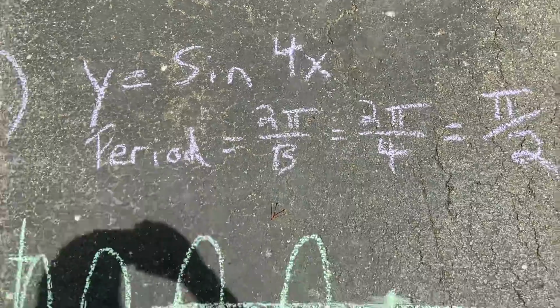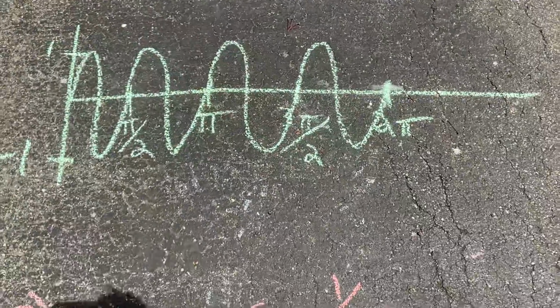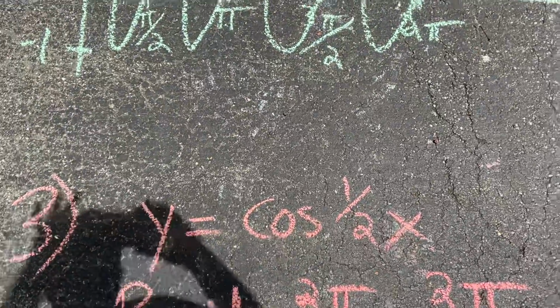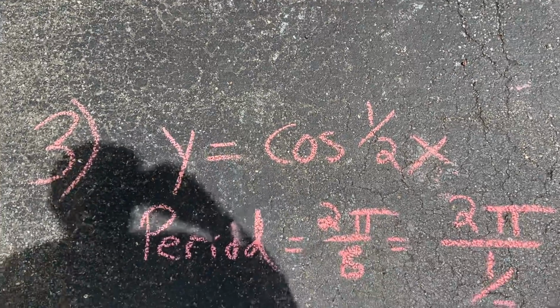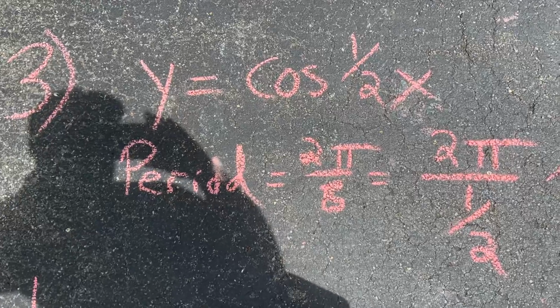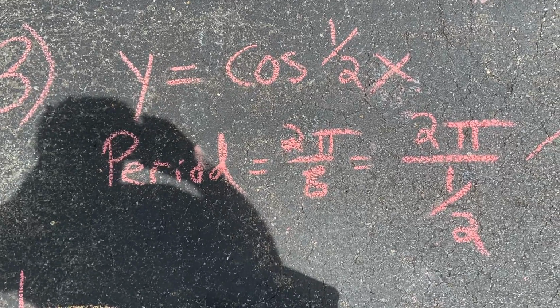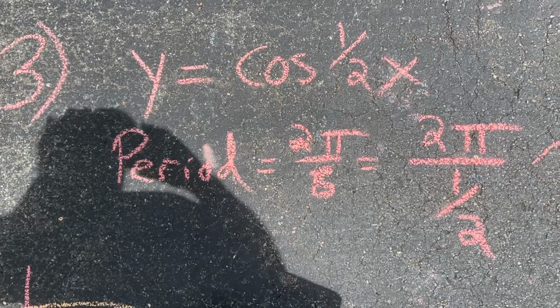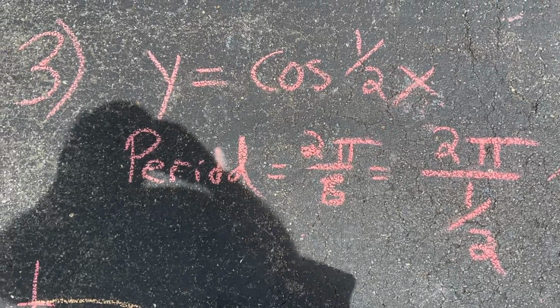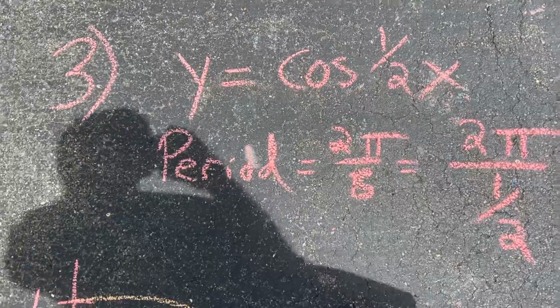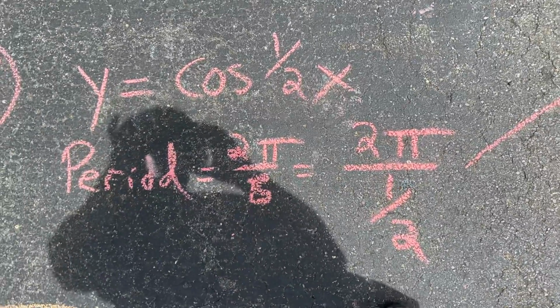All right, the last one, number 3, I told you was challenging. Take a look at this: y equals cosine half x. When we calculate the period with 2 pi over b, it's going to be 2 pi over 1/2. How do I do 2 pi over 1/2? This takes us back to chapter 7-8, because we're actually dividing fractions here.